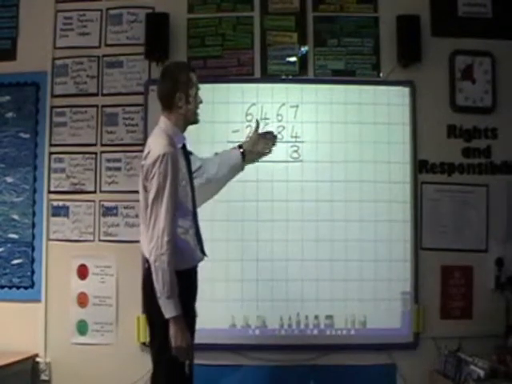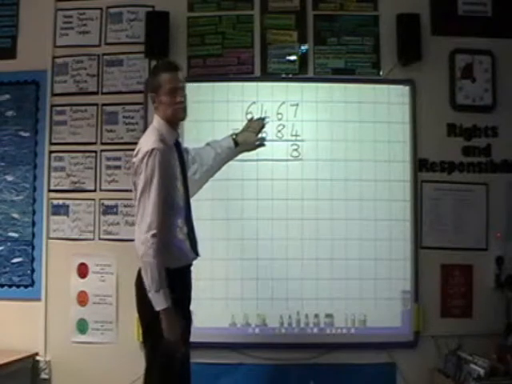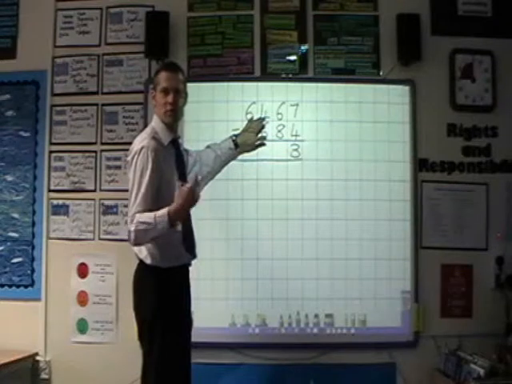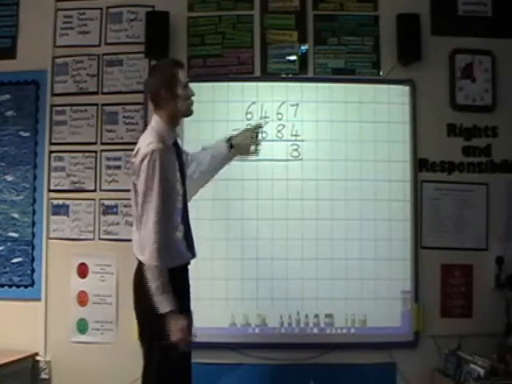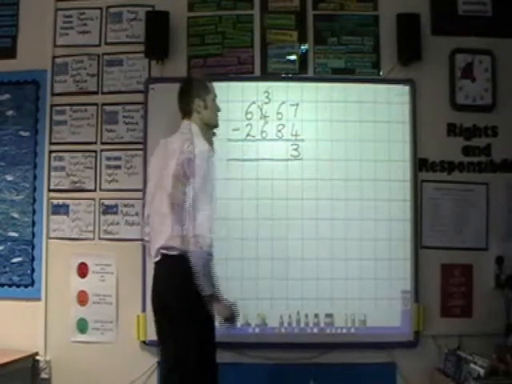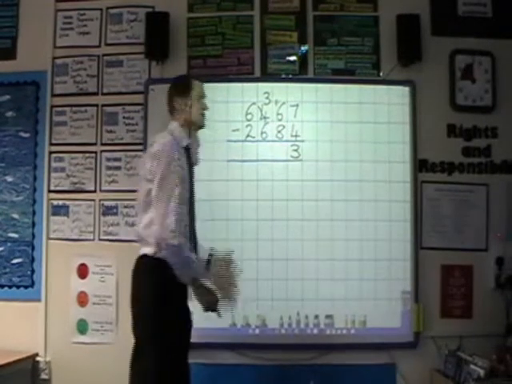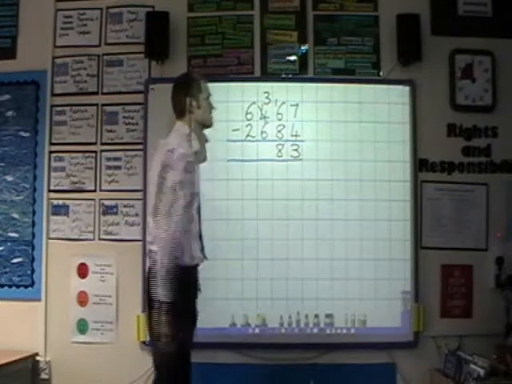We can't take 8 from 6, so I'll have to borrow from the next column. I'm not quite sure why we say borrow, because it's not given back, so we take from the next column. So we'll take one of these 400s, which will then become 300s, and give that to the 6 tens. So we've now got 16 tens, and 16 take 8 we can do, which leaves 8 tens.